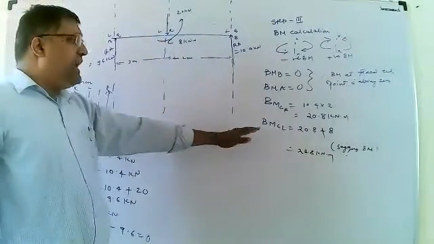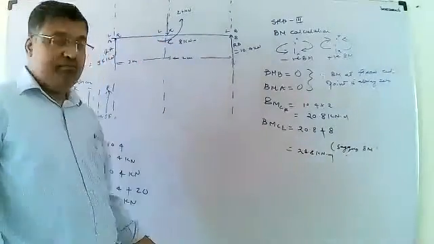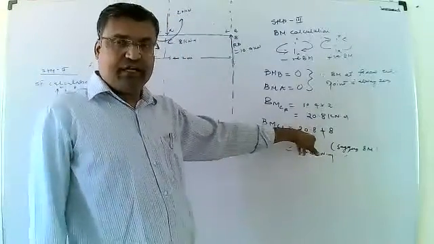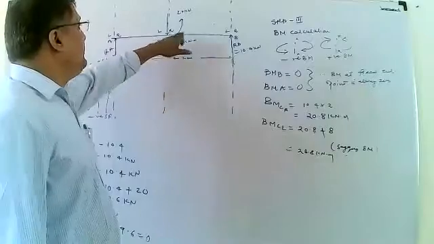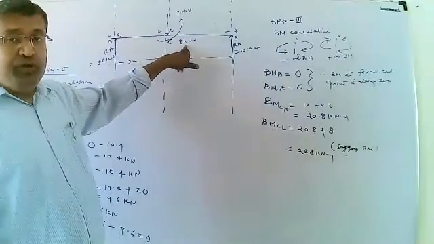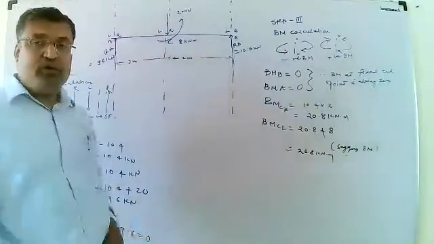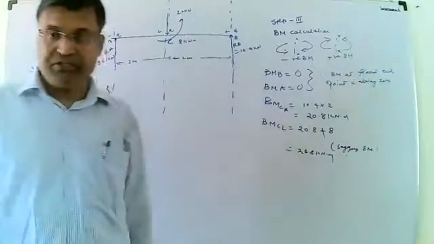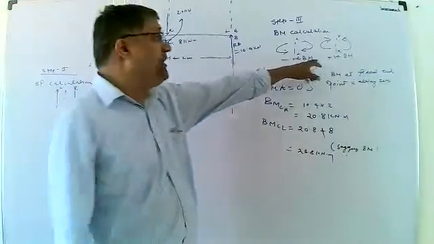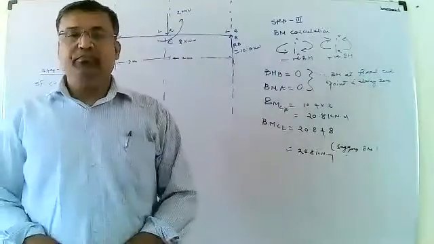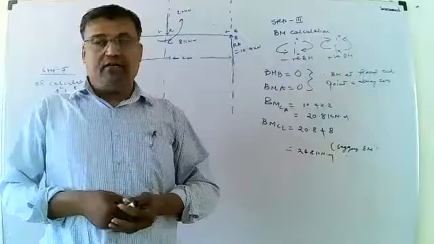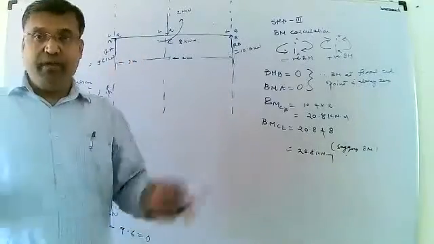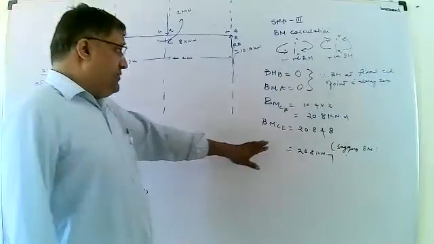Then bending moment at the point C on the left side. Here 20.8 is already calculated. Then if you see this 8 kilonewton meter, it will rotate anti-clockwise. According to the sign convention of bending moment, anti-clockwise is sagging, and clockwise is negative bending moment or hogging bending moment.